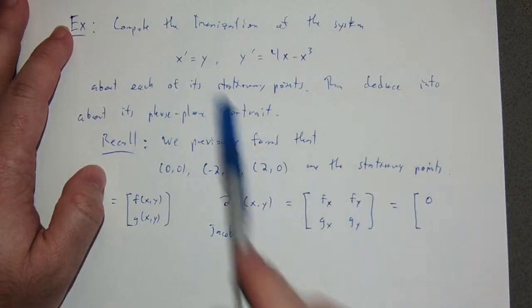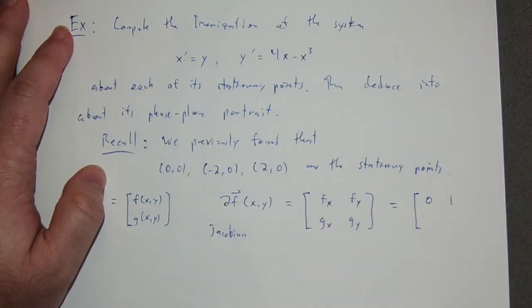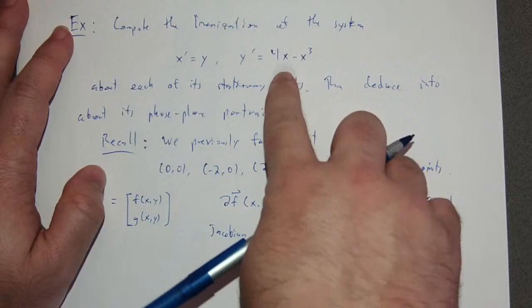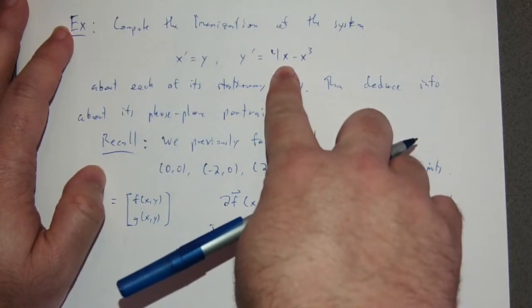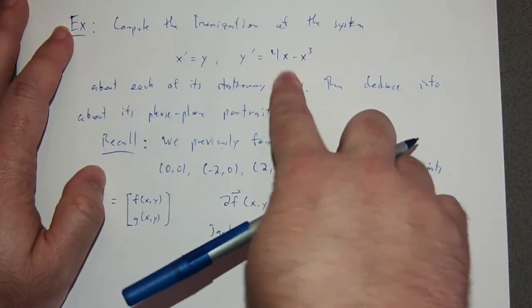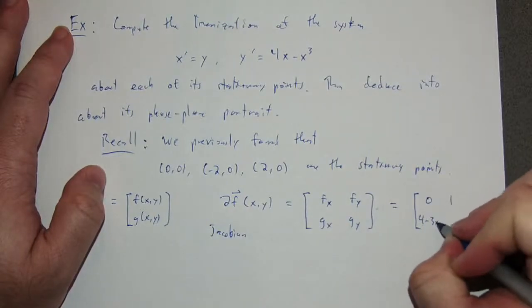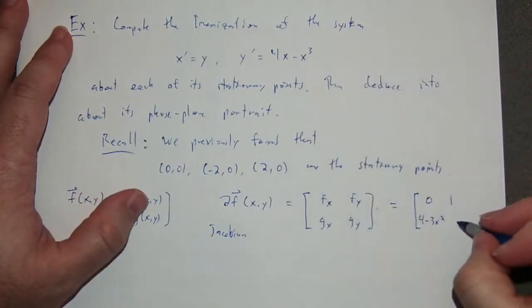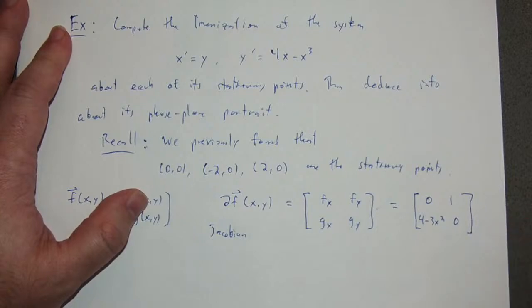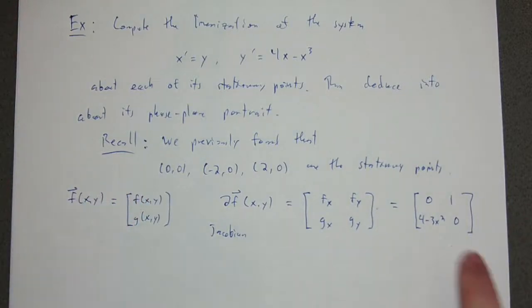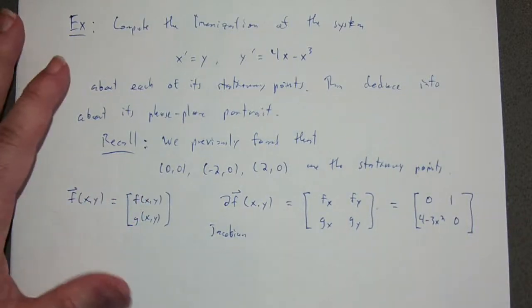What is the y partial of f? 1. What is the x partial of g? Well, it's 4 minus 3x squared, sorry. And what's the y partial of g? 0. So there it is. Okay, there's my Jacobian.